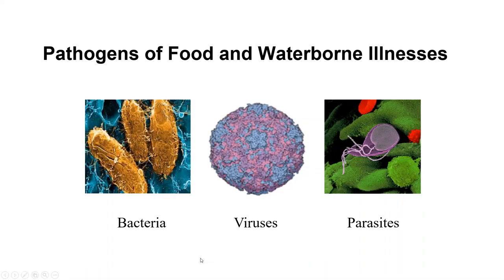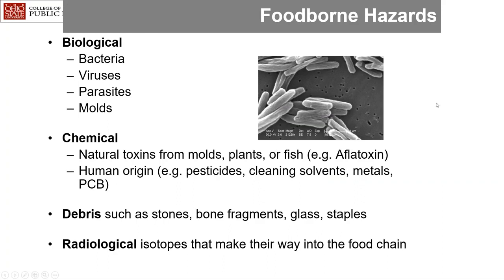And finally, the food matrix, just to point out, bacteria, viruses, various parasites in the form of protozoans and helminths can be involved, and there's a lot of crossover between foodborne hazards and even waterborne hazards. It's not only biological in nature, so I put this slide in to show there can also be chemical contaminants.